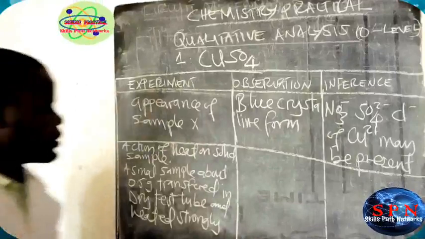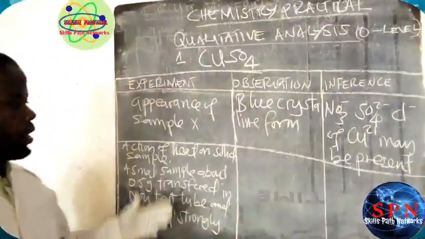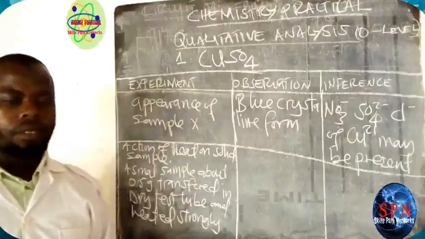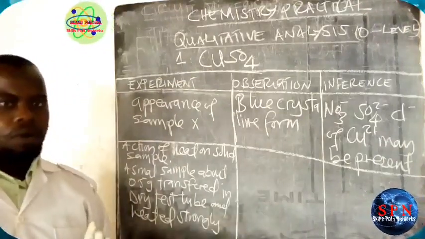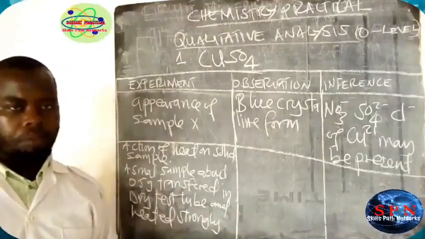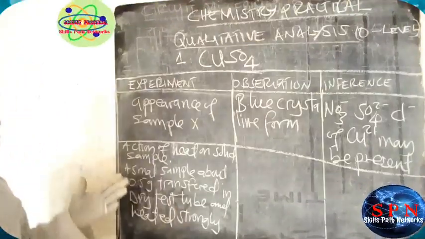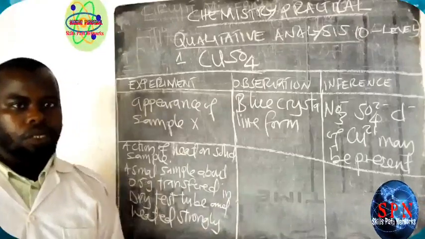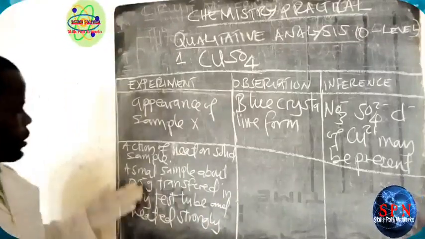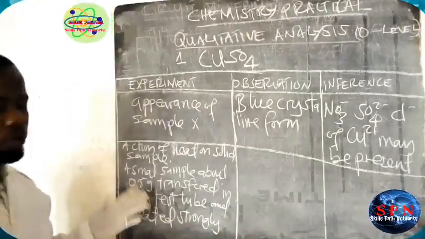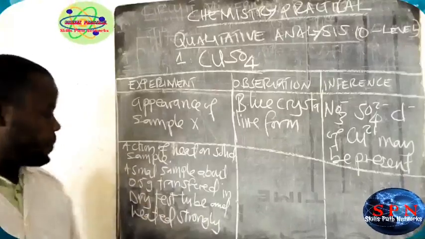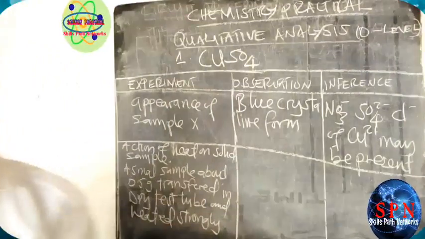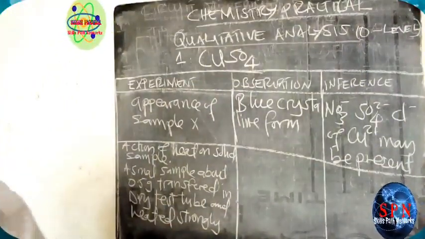After seeing the appearance, we go to another preliminary test, which is action of heat. How will the sample appear in action of heat? You're supposed to write your action in simple past tense. A small sample of about 0.5 g was transferred into a test tube and heated strongly.